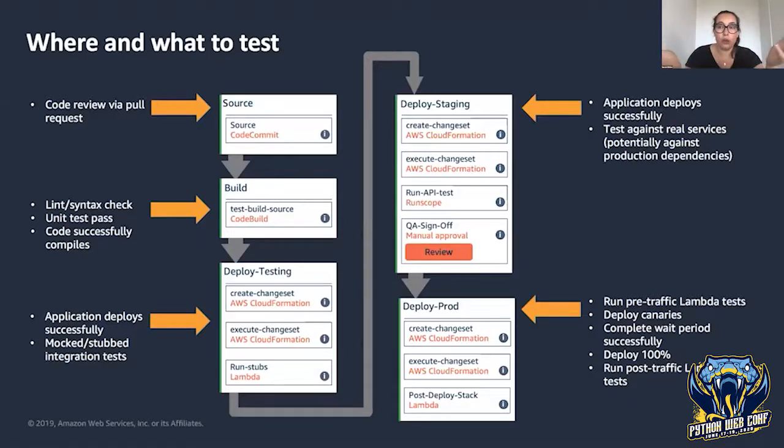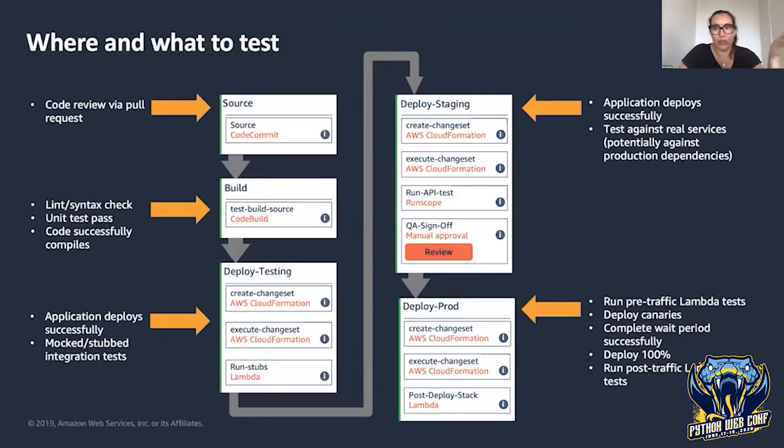You can do QA manual testing and have a manual approval. You can do pre-checks before deployment and then have canary deployment for safe deployments, and then do post-deployment checks and things like that. I will show you about that in just a second, but there are so many places that you can test that it's quite crazy.